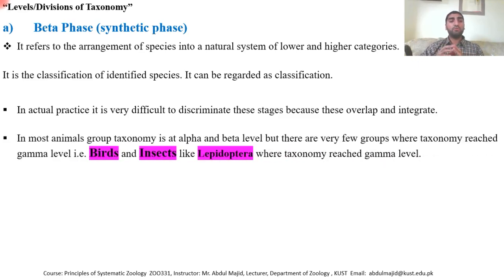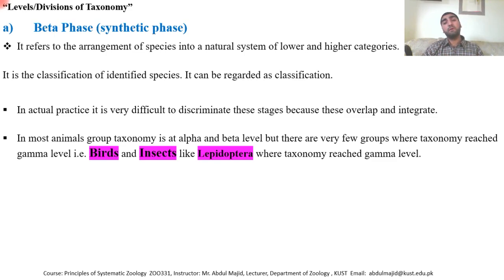In most animals, taxonomy is at alpha level or beta level, but there are very few groups where taxonomy has reached gamma level, like birds and insects, for example the orders Lepidoptera, Coleoptera, Isoptera, Dermaptera and Diptera.